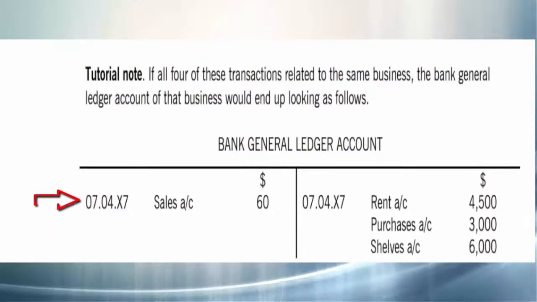Debit side, cash received, $60 from the sale. 2. Credit side, cash paid out, $4,500 for rent, $3,000 for goods purchased, $6,000 for shelves purchased. This shows the cash inflow debit and cash outflow credit, maintaining the balance in the ledger.